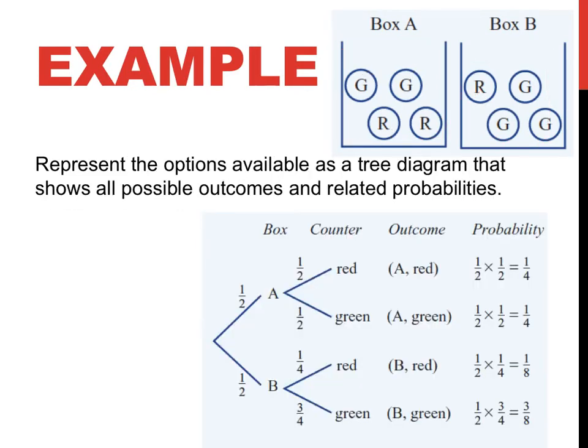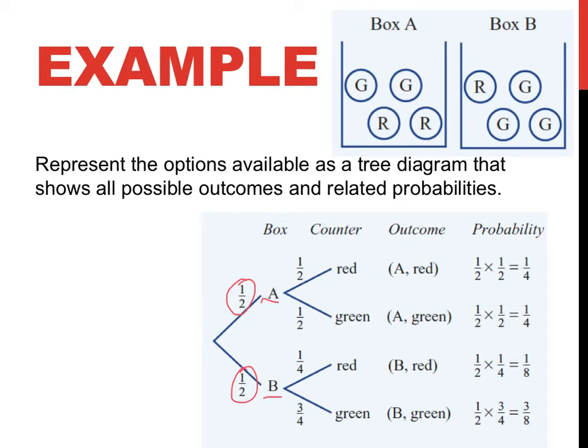If you're then asked to represent the options available as a tree diagram that shows all the possible outcomes and related probabilities, I've already done it for you here. The first selection is a box. Remember, because it says a box is chosen at random, and then a counter. So you have a half chance of selecting box A and a half chance of selecting box B.